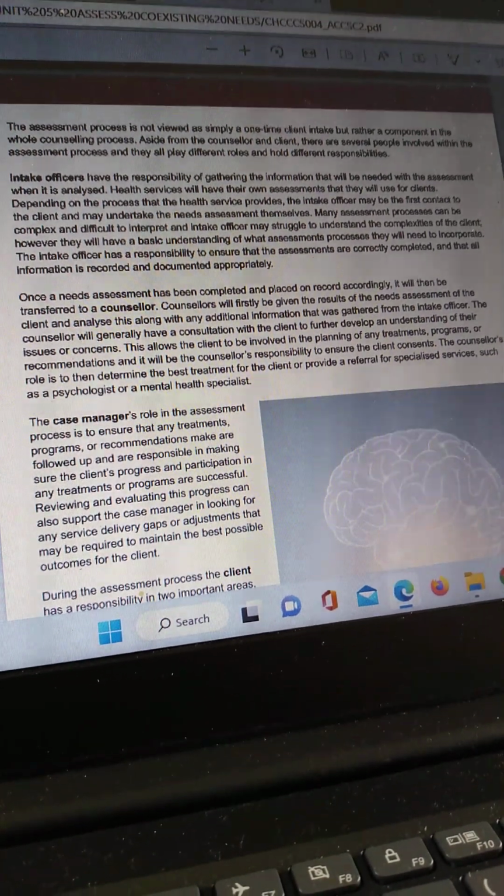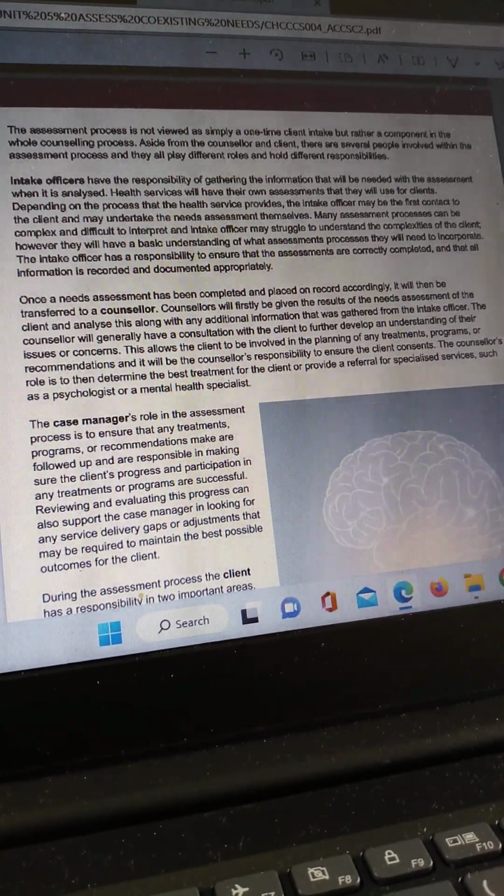So you are the intake officer as well as the counsellor.